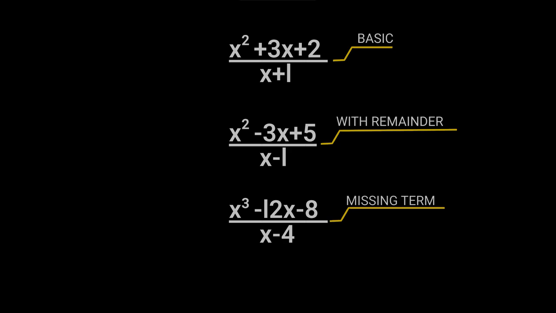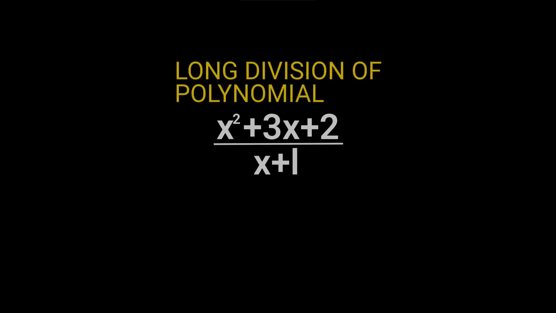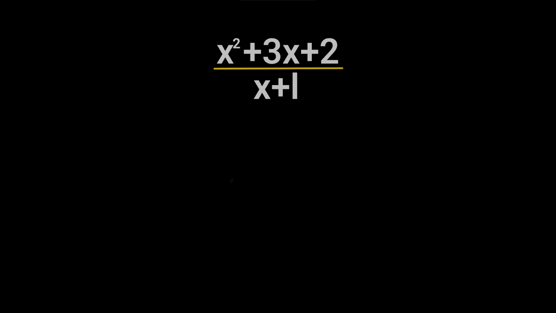Let's start with the first one. This is the first problem that we're gonna solve. To solve this problem, first we're gonna rewrite the problem. We're gonna take the division sign and write it in the form of a long division sign like this.